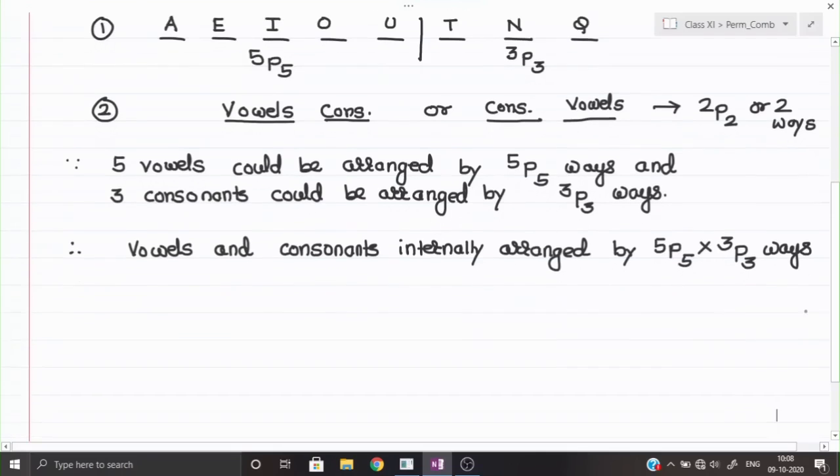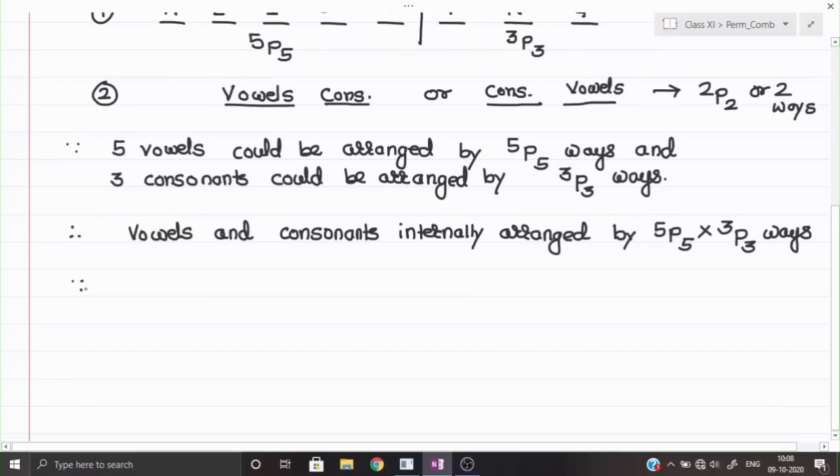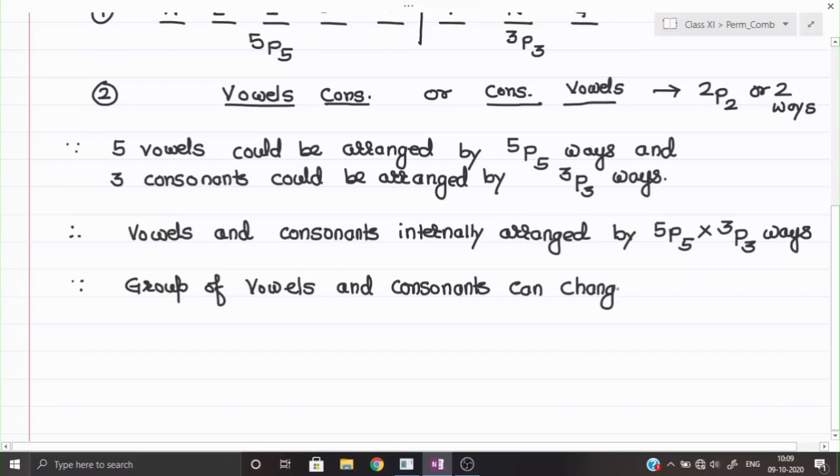Now here we shall mention further, since the group of vowels and consonants can change their places, means the group of vowels can go back and the group of consonants can come in front, or the group of vowels can be in front and the group of consonants can go back.